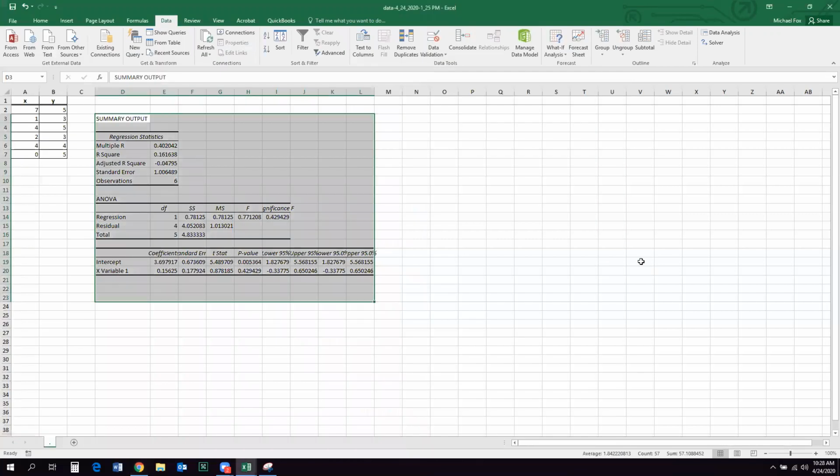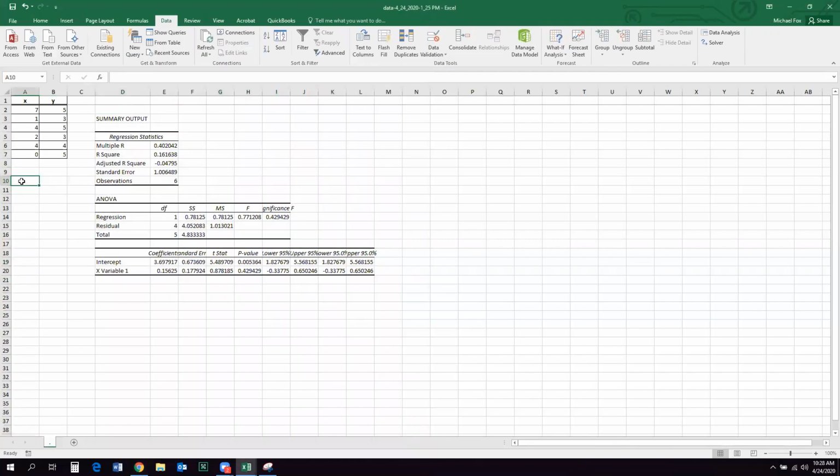So we're going to need the slope, the critical t, and the error of the slope. All right. So our slope is right there.